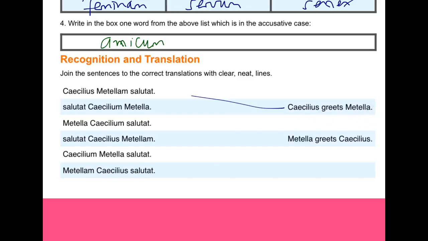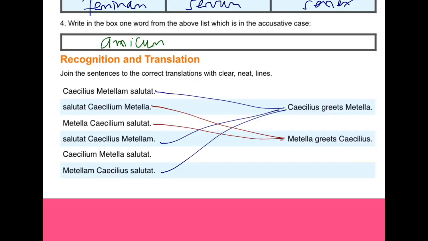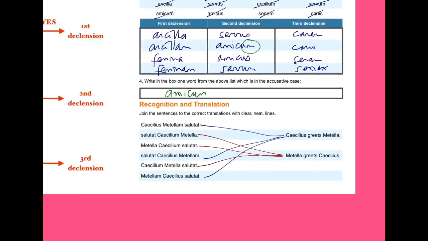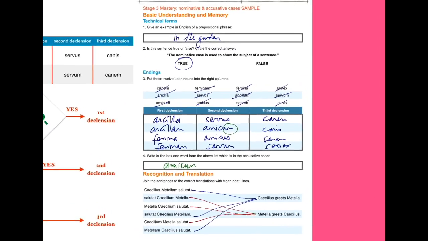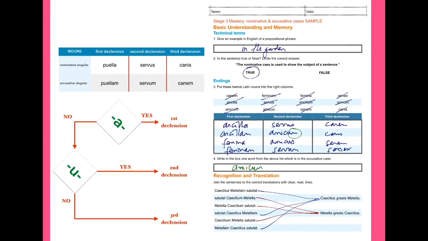So let's go across and join it up to all the ones with Metellam. And vice versa, this one, Caecilius, is being greeted, so he should become Caecilium in Latin. So let's go and join those up. Caecilium, Caecilium, and Caecilium. And that's all you have to do to pass G3. Good luck when it's your turn.